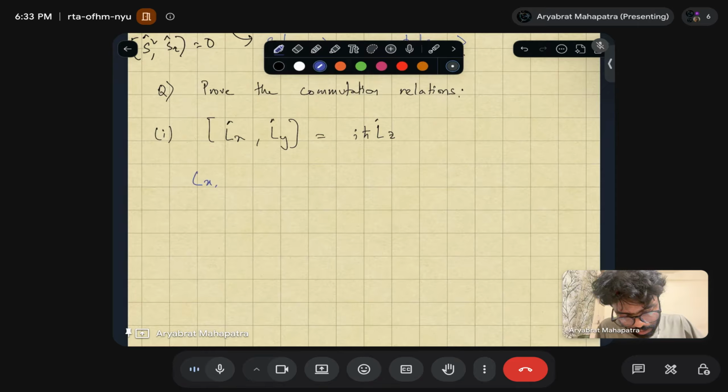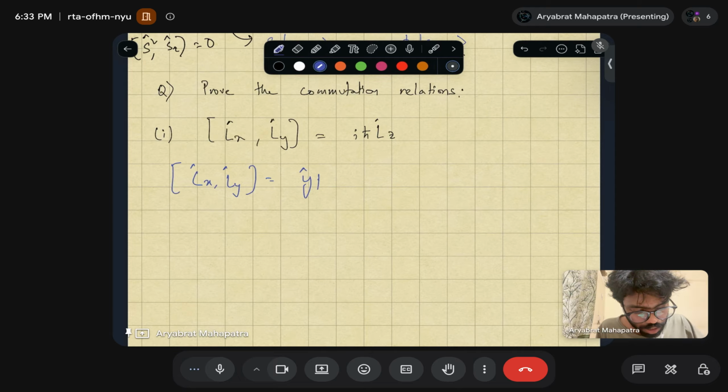If we take the commutator of LX and LY, from the definition of Lx, we know the x component of angular momentum is basically y pz minus z py, and these are all operators. Remember, because in quantum mechanics, that is what it is.